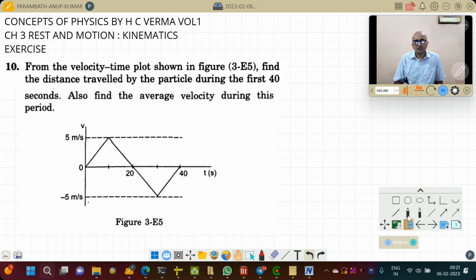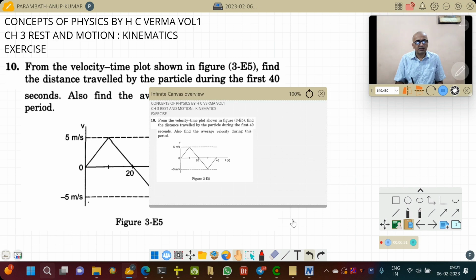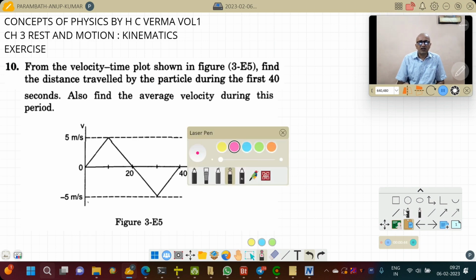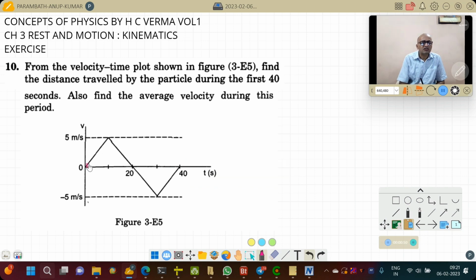Students, if you have gone through this chapter, you know very well that this is the velocity time graph, and the area under the velocity time graph gives the displacement. Therefore, this area which you are seeing is above the time axis.